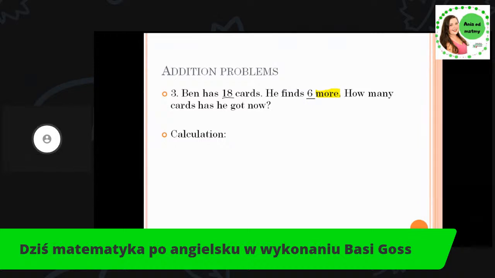And I can already see that we've got some calculations in the comments, and the calculation is going to be 18 plus 6 equals 24.